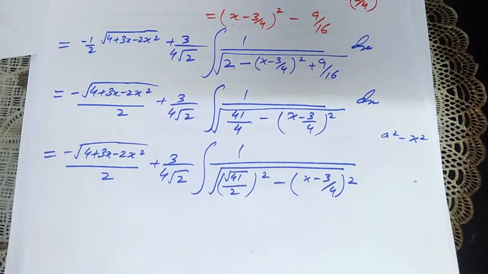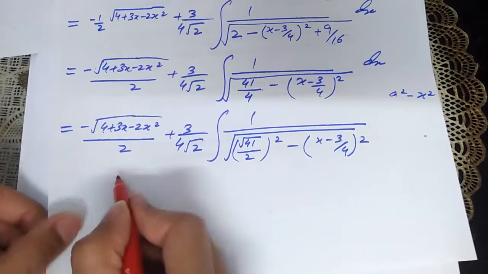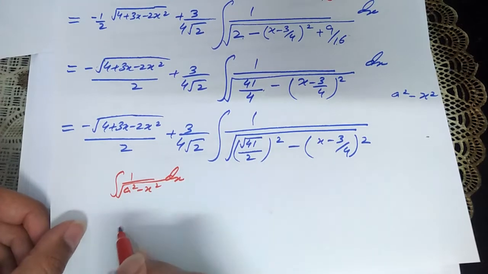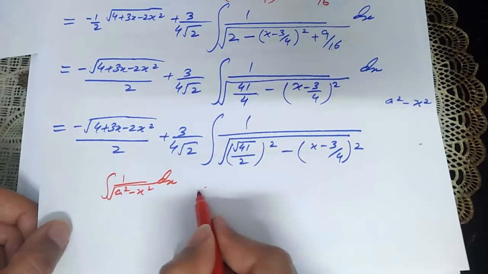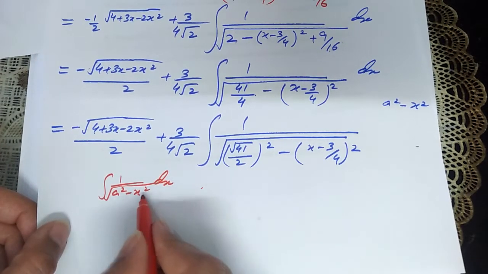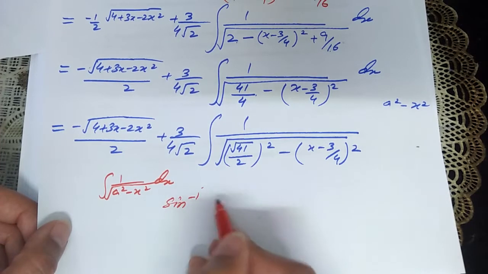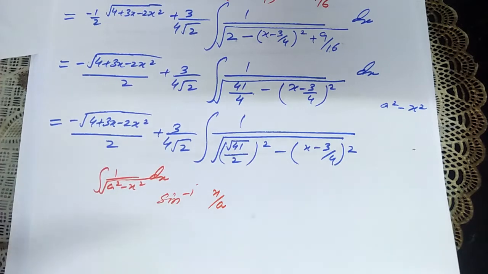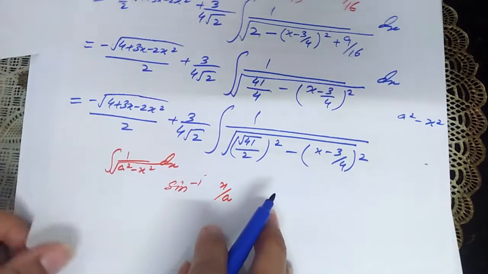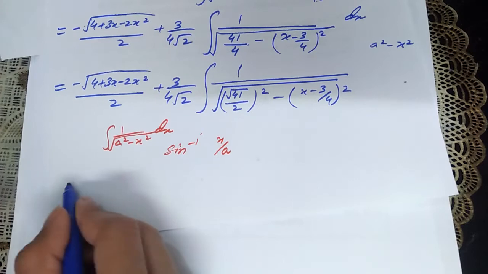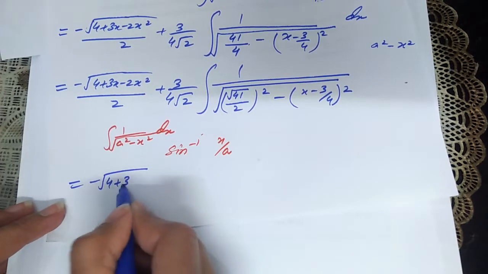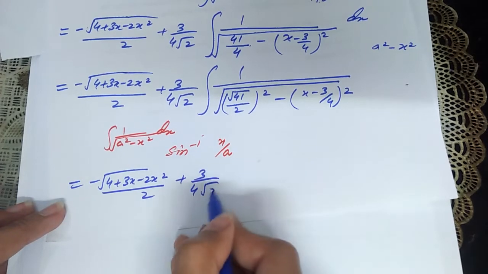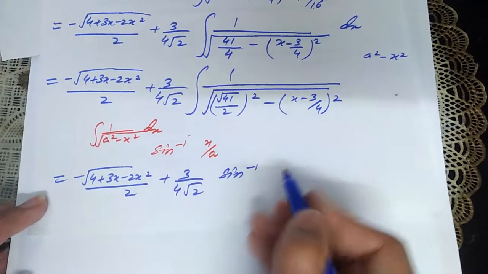We know that this is the thing, integration of 1 over under root a square minus x square dx. This has the integration sine inverse of x over a. So we can write it like this thing will become negative 4 plus 3x minus 2x square over 2 plus 3 over 4 under root 2 sine inverse. What is your x here?